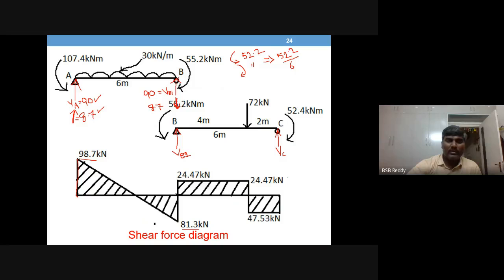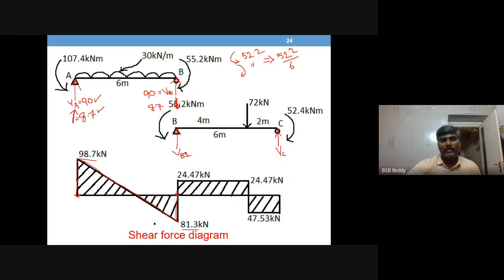Then there is UDL. So total UDL when you reach B will be 180. So 98.7 minus 180, it will be minus 81.3. But you have 81.3 upward force here. So reach 0. So this is the AB SFD.